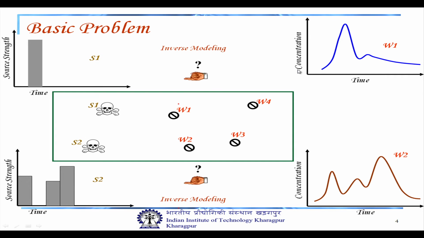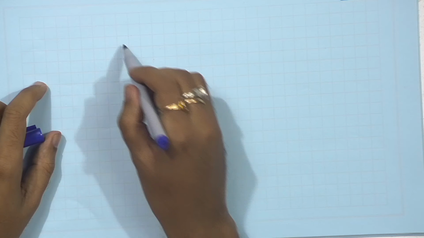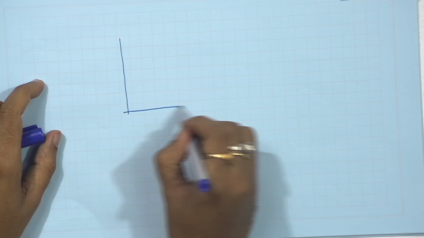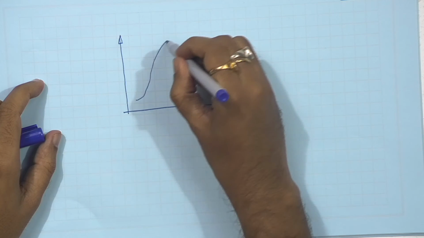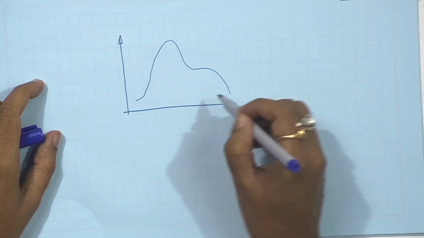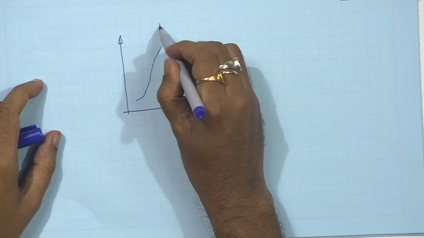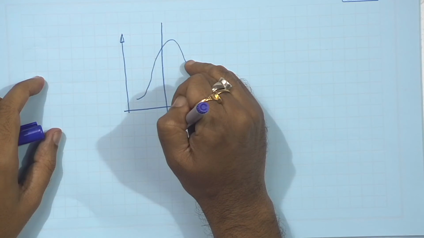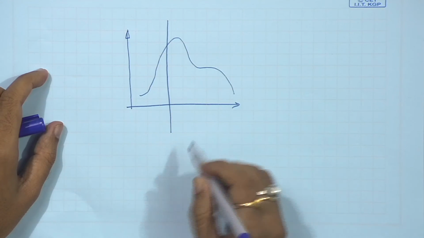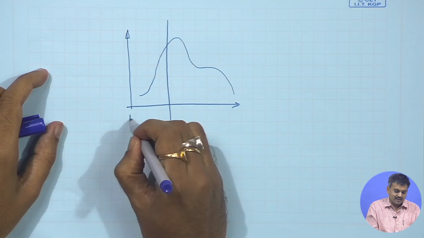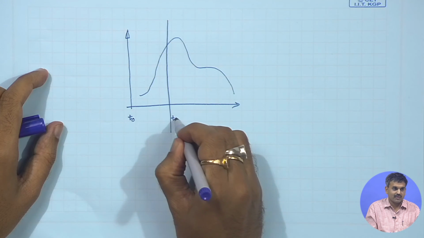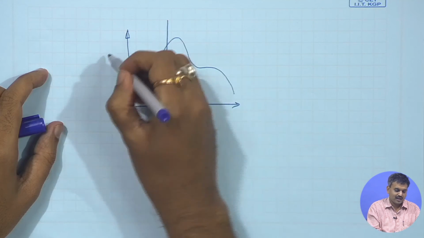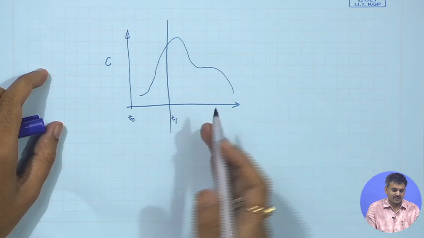Now, the problem is that in most cases you may not get the actual breakthrough curve. Let us say this is your T0 time and this is T1 time, and this is your concentration.